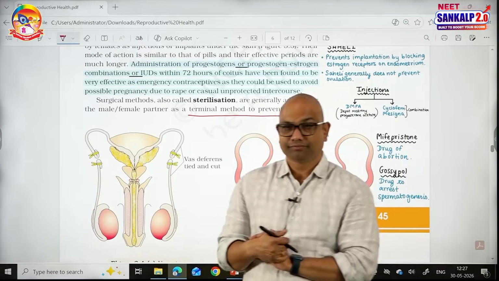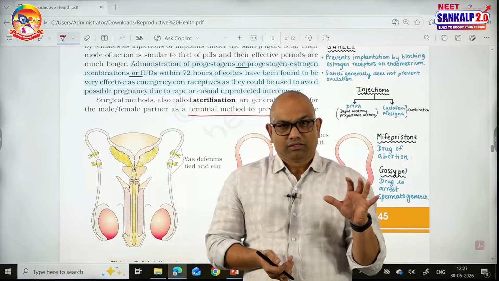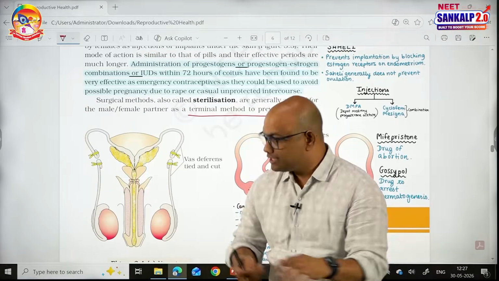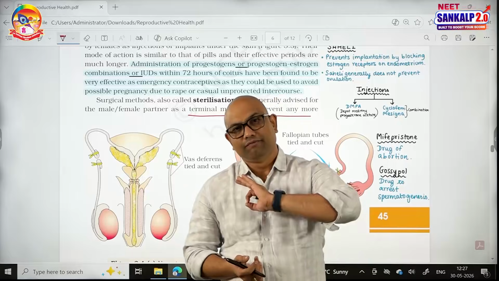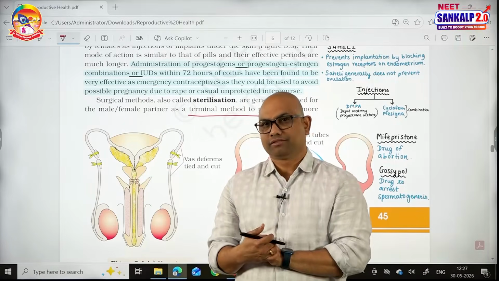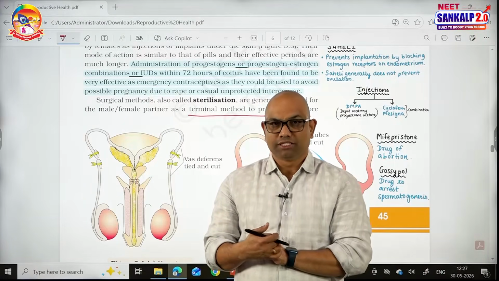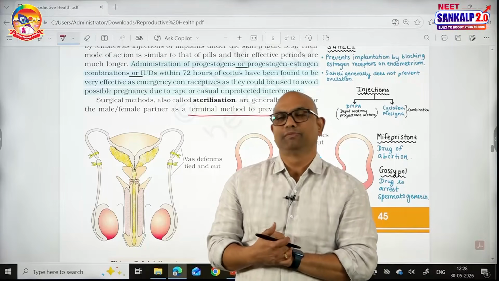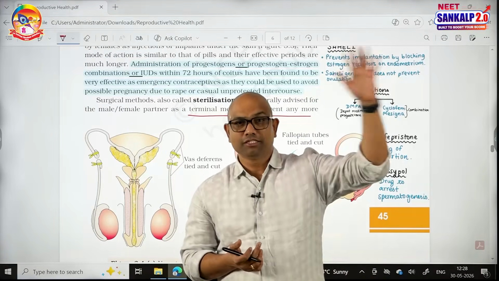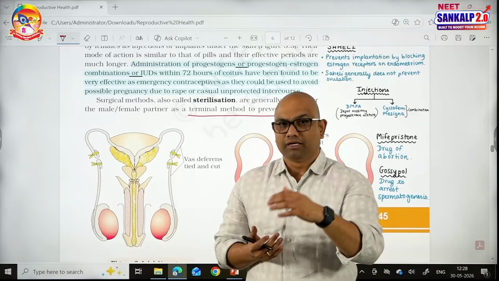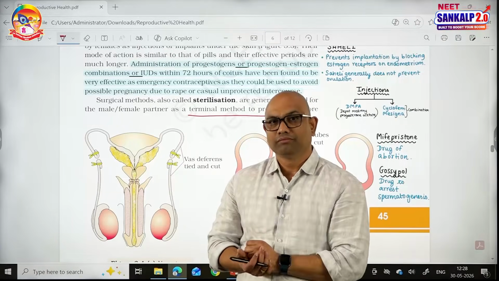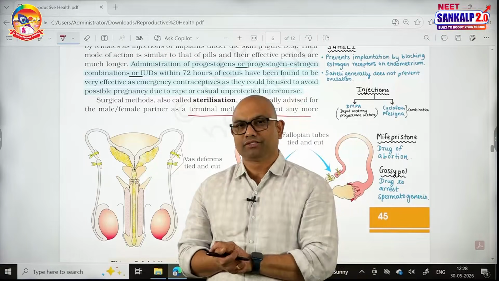Next, the reversibility is poor for these methods, and these are very effective, highly effective methods. So, the chances of failure are very low for these methods. For natural methods, failure is high. For surgical methods, failure is very low, but reversibility is very poor, but highly effective contraceptive methods.